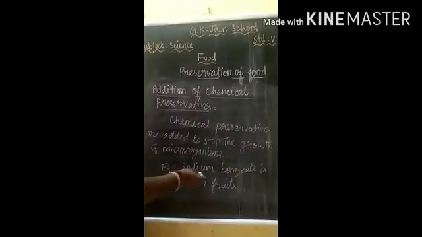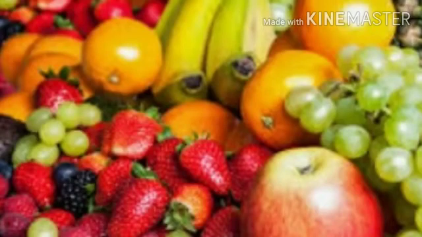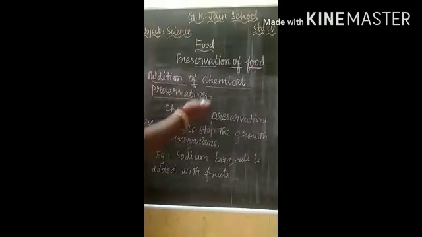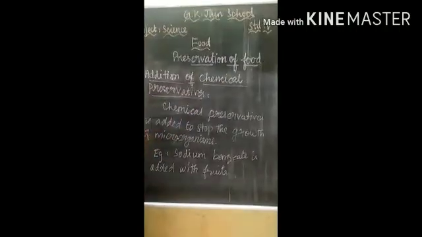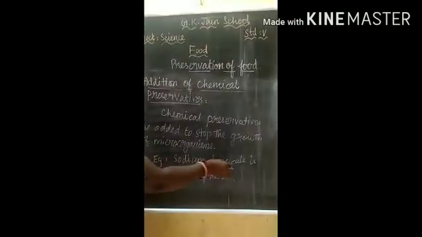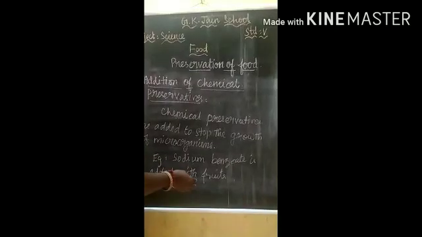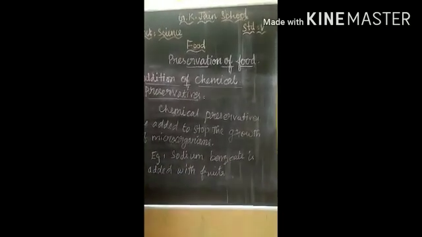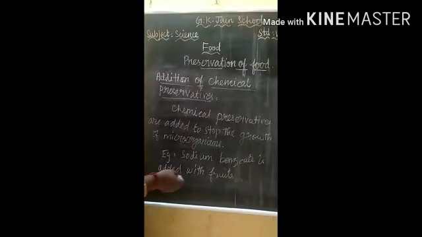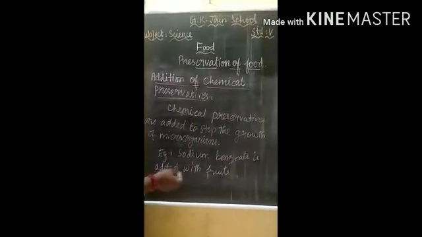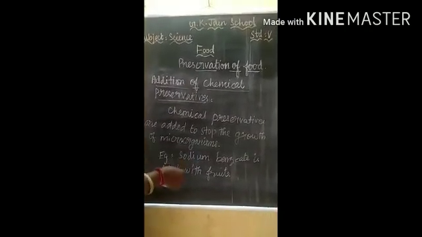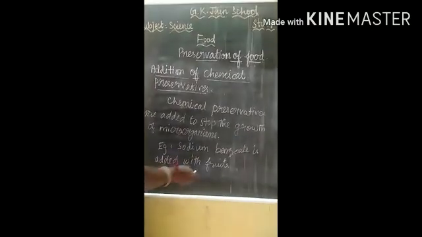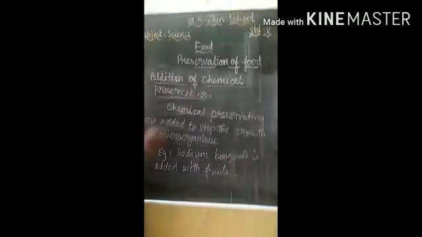For example, sodium benzoate is added to fruits and vinegar is added to pickles. Sodium benzoate is a chemical substance added to fruits, and vinegar is added to pickles instead of salt. When we add vinegar to the pickles, the food will not get spoiled.